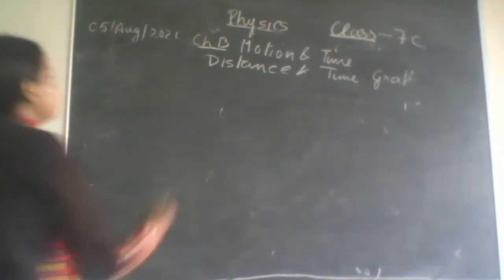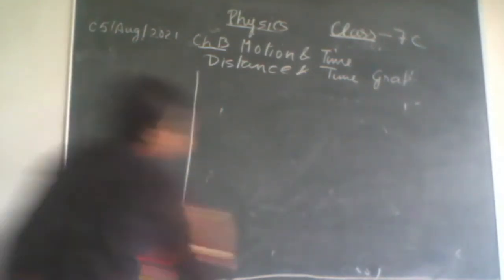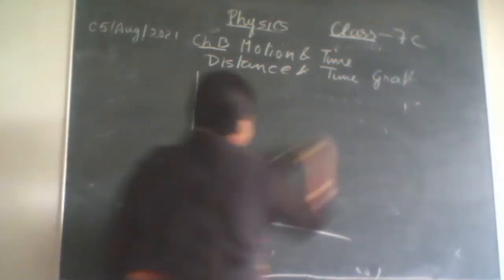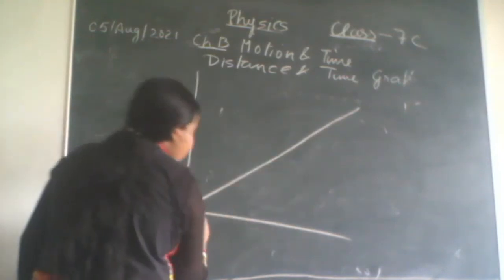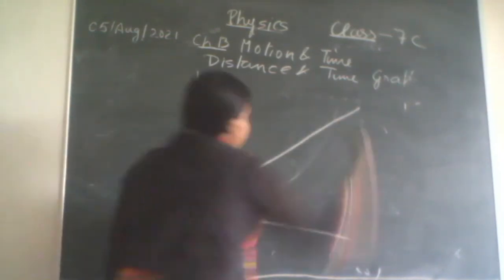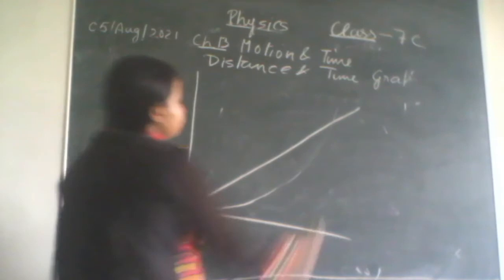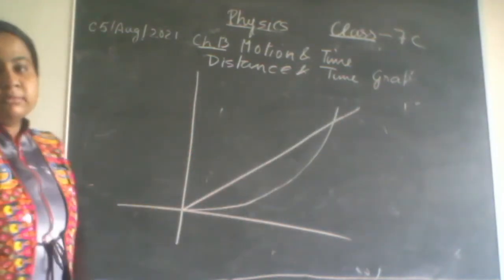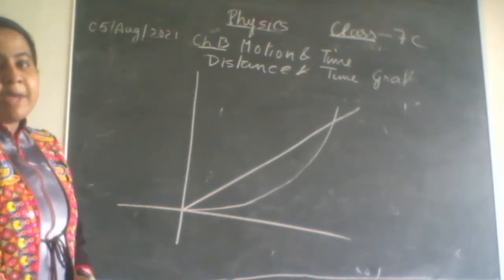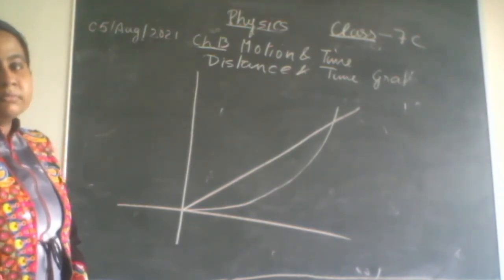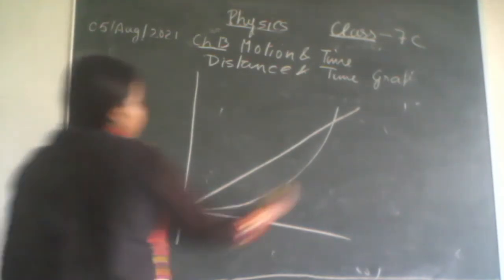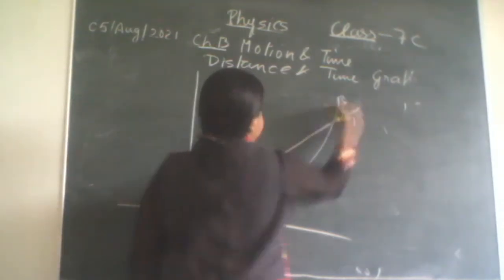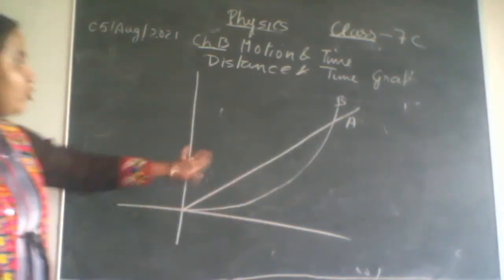Now let's do it together. One graph was like this, and the other graph was like this. Am I correct? This is body A, this is body B. So we can compare two bodies.